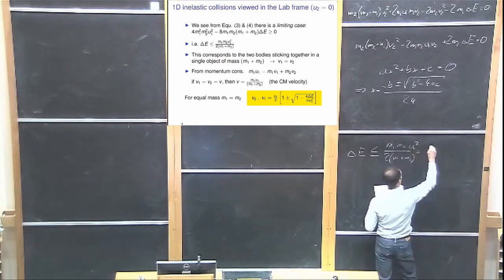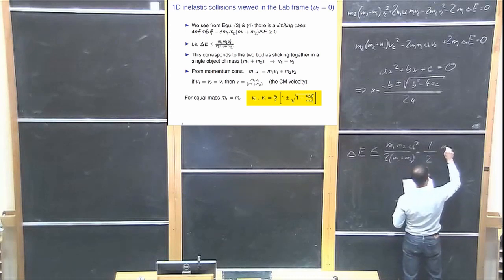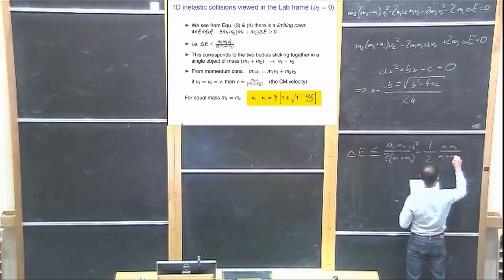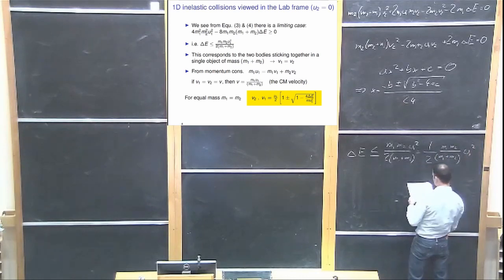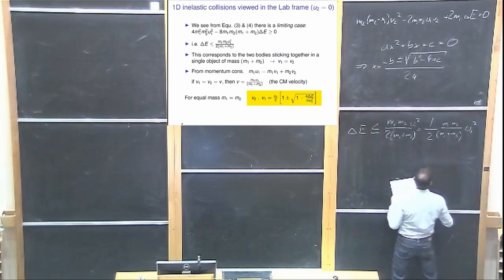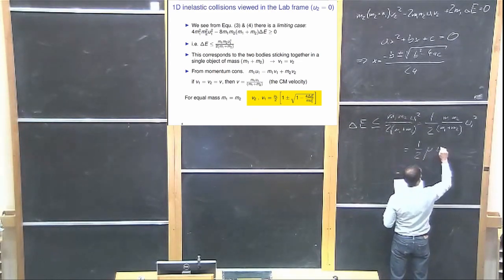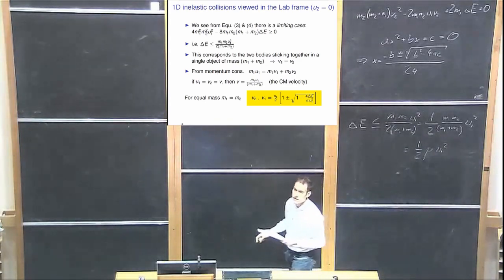I'm quickly going to rewrite that so it becomes a little more apparent: M1 M2 over M1 plus M2, times U1 squared. And this is 1/2 mu U1 squared, because this is the reduced mass of the system.